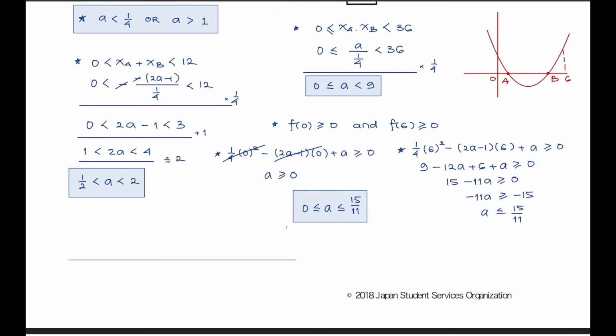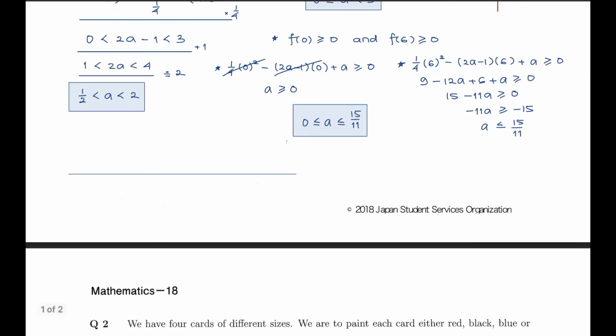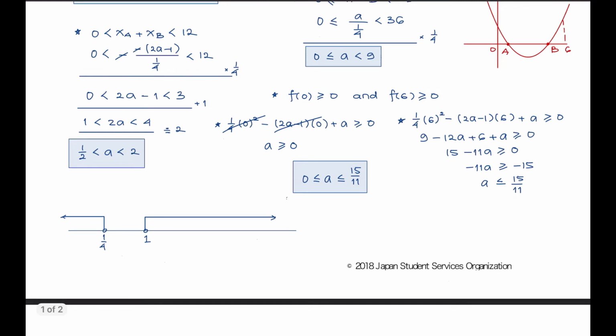The first condition is a less than 1/4, a more than 1. Let's say this is 1/4 and this is 1. Less than 1/4, greater than 1. This is the first condition. And then the second condition is between half and 2.